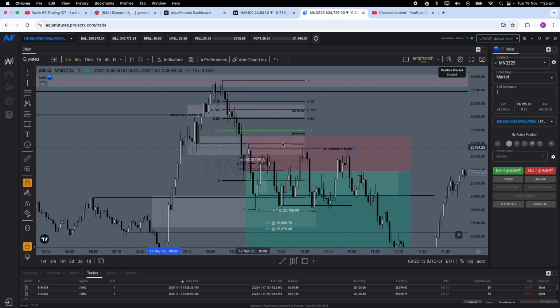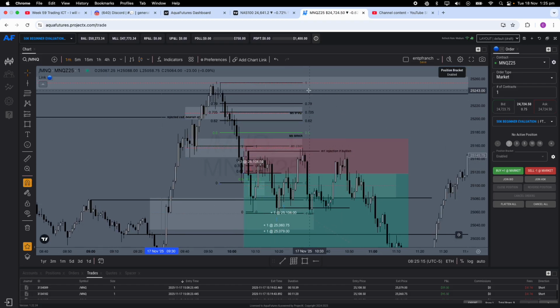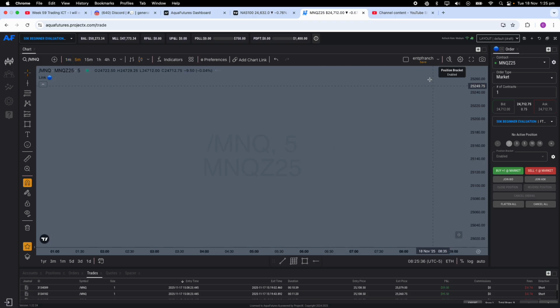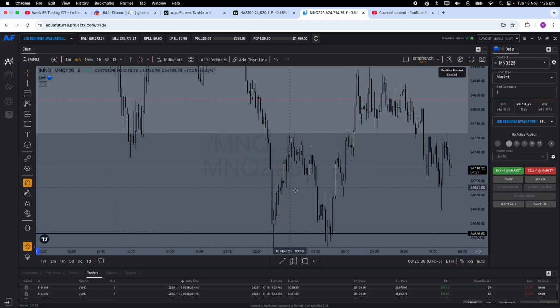Sometimes when you have breakers, you don't need to rebalance the whole level, which as you can see we don't. So from this high to this low, we don't rebalance it, but because we've got the CSD a bit lower down and the breaker, there's no need for it to come back here. If we come back here, it's showing stronger signs of bullishness. If we stay in this area, the CSD level and the breaker, that shows weakness for bearish price.